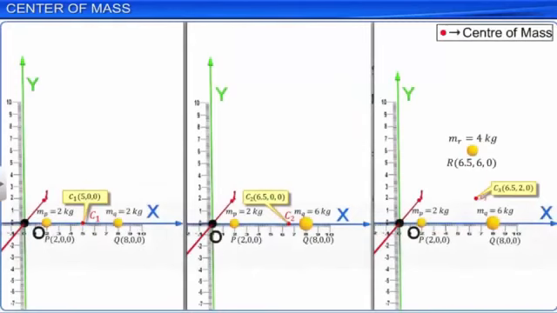On observing the above cases, we can regard the center of mass of a system of particles as the mass weighted average location of the constituent particles.